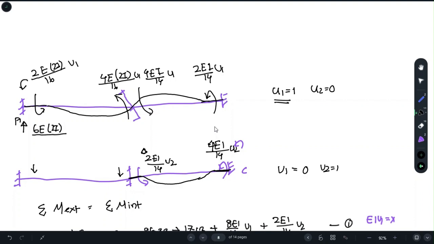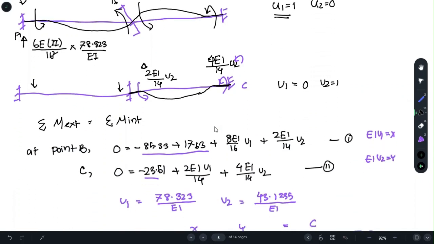The L is 16, and u1 is 78.323 over EI. You can find the value.